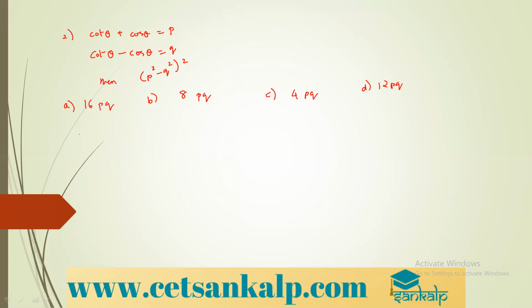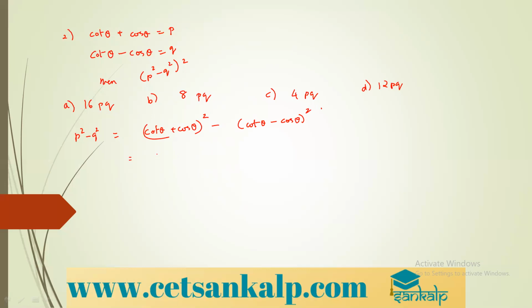So what I will do is start with p square minus q square. What is p square minus q square? It is cot theta plus cos theta whole square minus cot theta minus cos theta whole square, because this is given in the question.